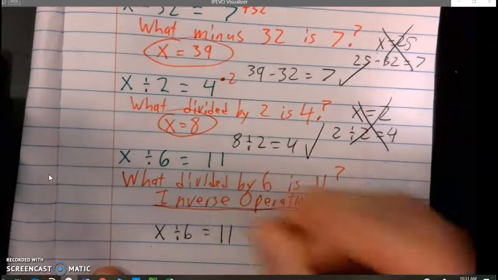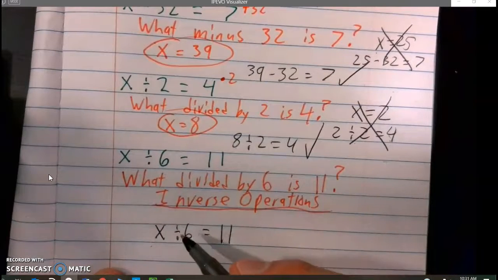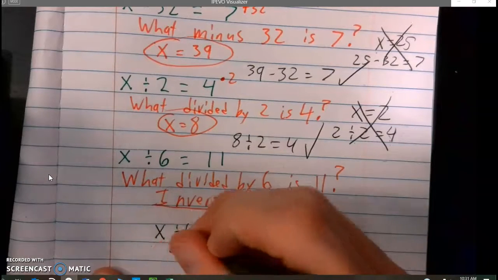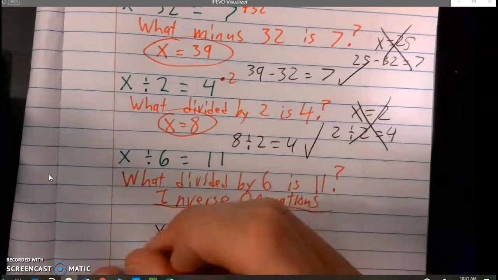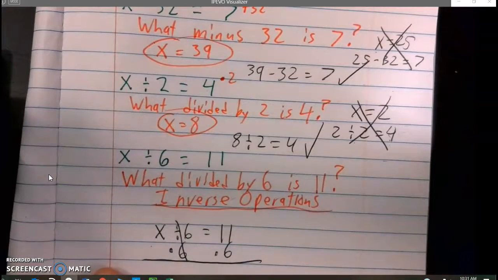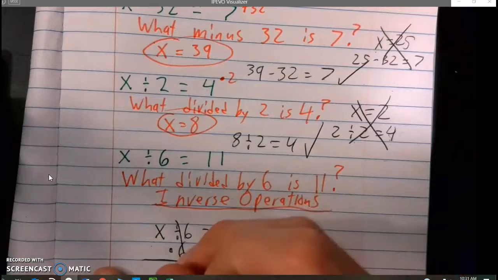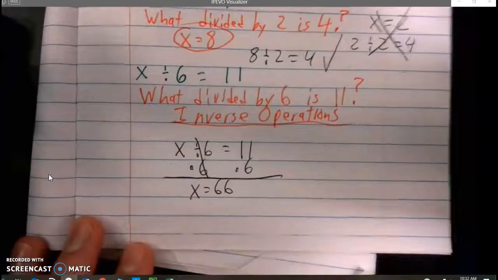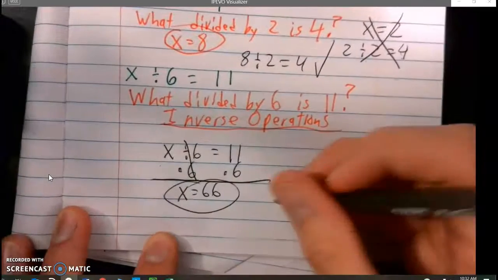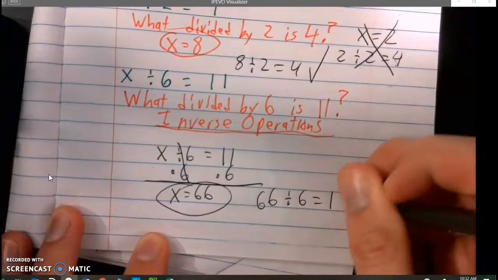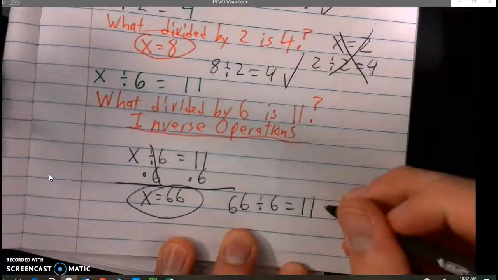If what divided by 6 is 11, then I need to multiply both sides by 6. The opposite of division is multiplication, and I get 66 for my solution. Checking my work, 66 divided by 6 is in fact 11, so it works.